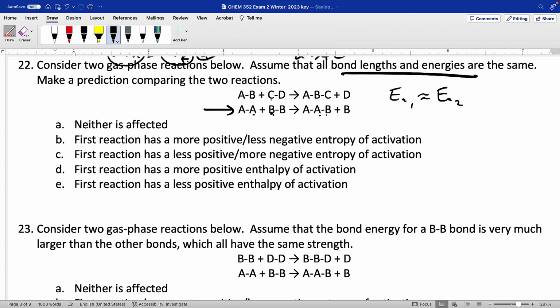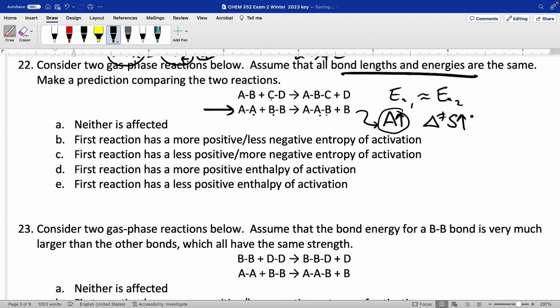If we flip around the first molecule or the second molecule in this second reaction, they're still going to be able to form an AB bond. We can't do that with the first one. So we expect that this second reaction is going to have a greater value for the Arrhenius pre-exponential factor A. And as we saw earlier, the greater the Arrhenius pre-exponential factor A, the greater the entropy of activation.